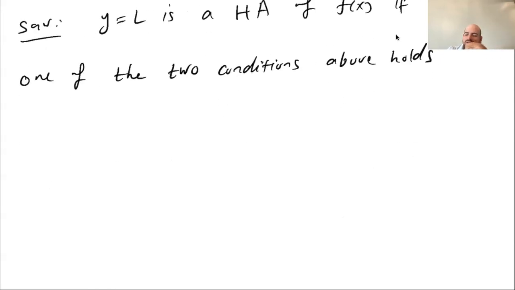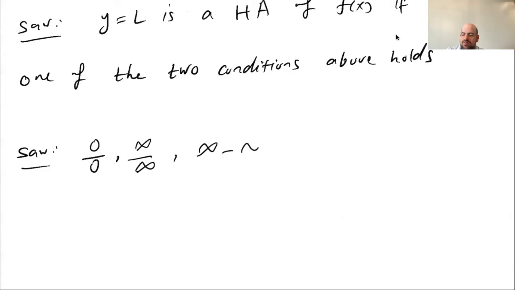So we also saw that 0 over 0 is one of the most famous indeterminate forms. Another one is infinity over infinity. Another one is infinity minus infinity. Another one is 0 times infinity.